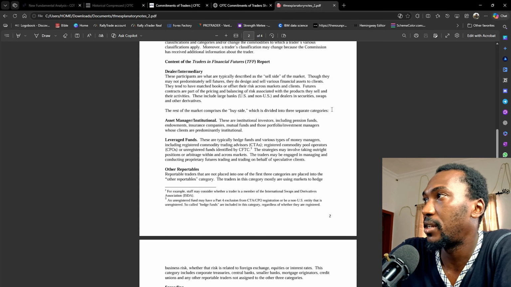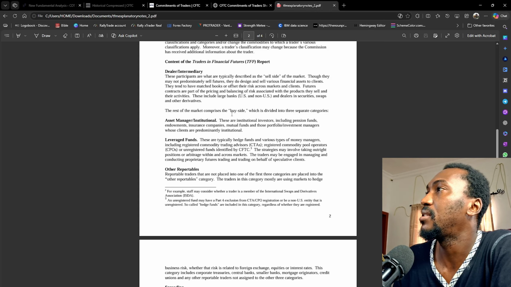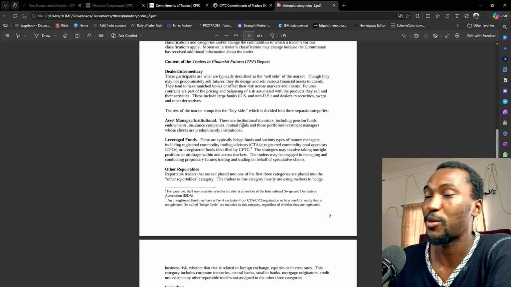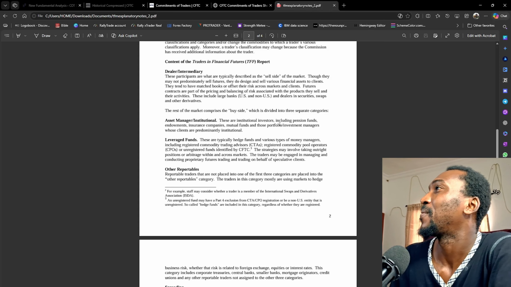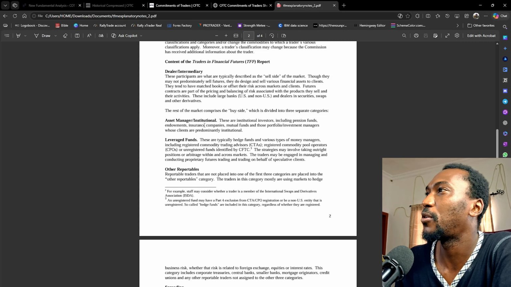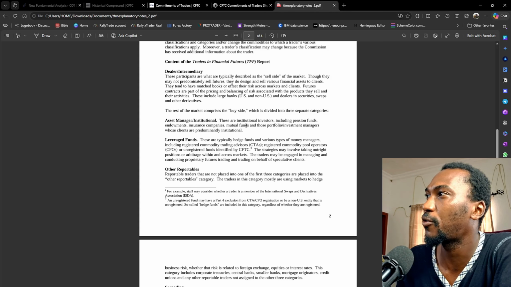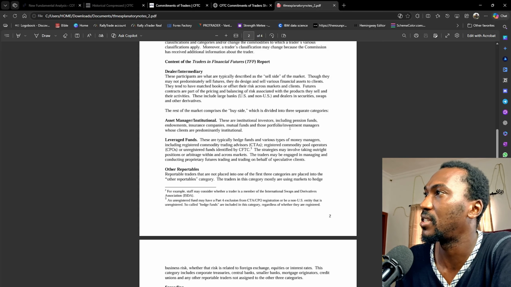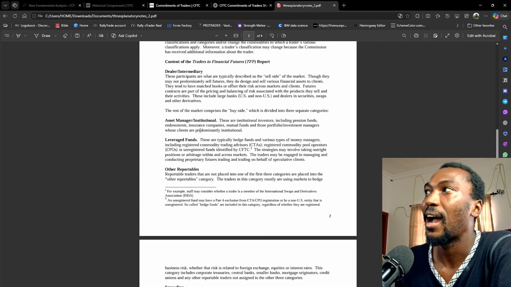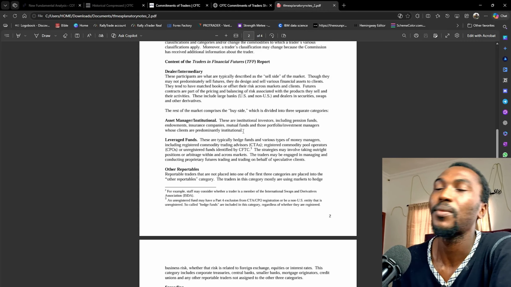Now we have asset managers. I'm going to be able to read it directly from here. It says these are institutional investors. Yes, the key term you've been looking for, institutional traders, including pension funds, endowments, insurance companies, mutual funds, and those portfolio / investment managers whose clients are predominantly institutional.